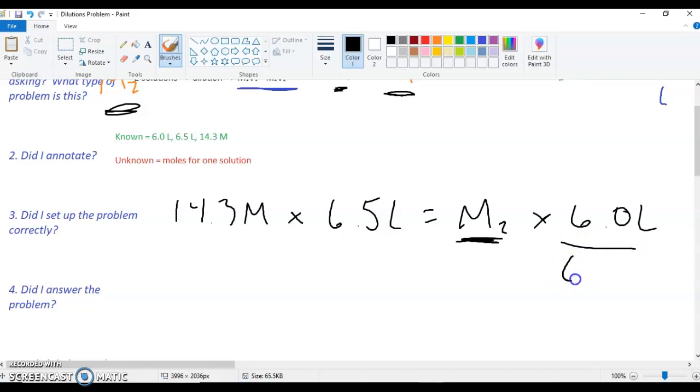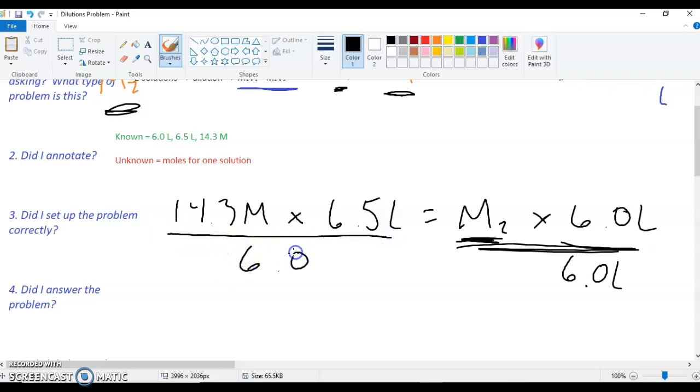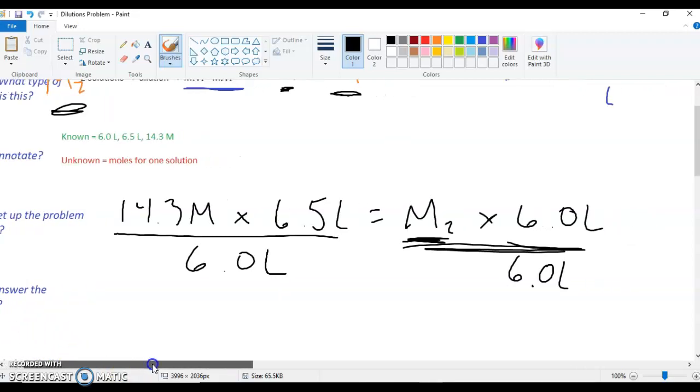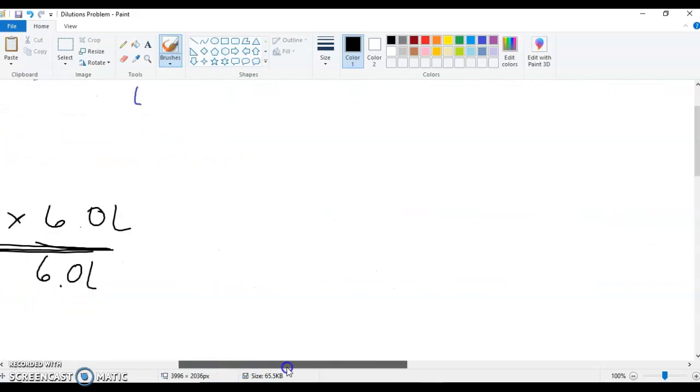I'm going to divide. So divide by 6 liters, and actually that's the whole side. And so I need to do that on both sides. 6.0 liters. Alright. I'm actually going to slide the screen this direction to continue with that.